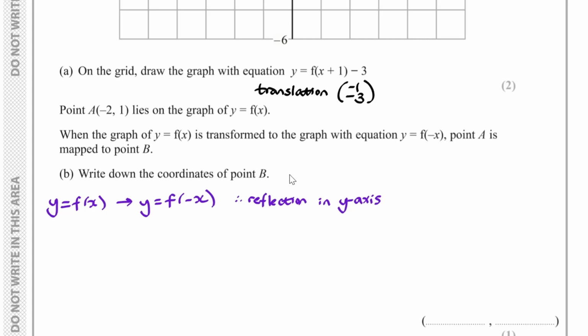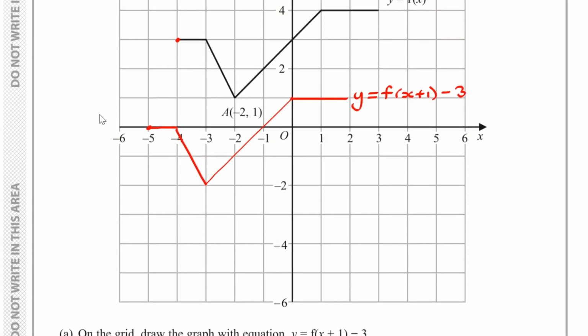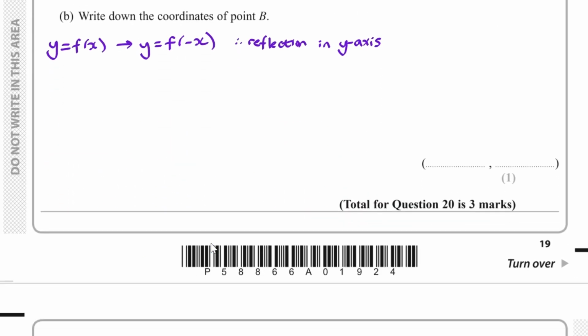So if we reflect in the y-axis, the x-coordinate changes. So currently we've got this point A, and if we reflect it in the y-axis, the point B over here has coordinates 2, 1. So therefore we have 2, 1.